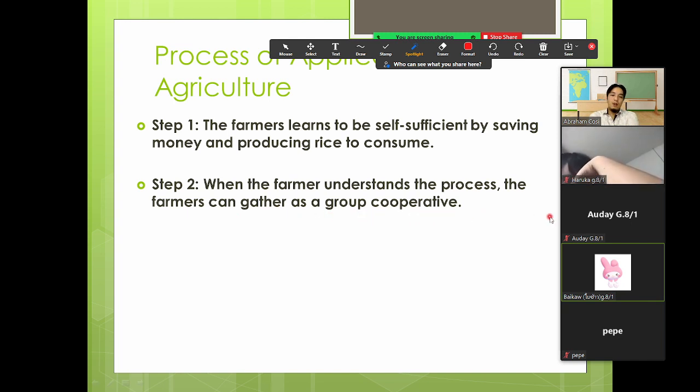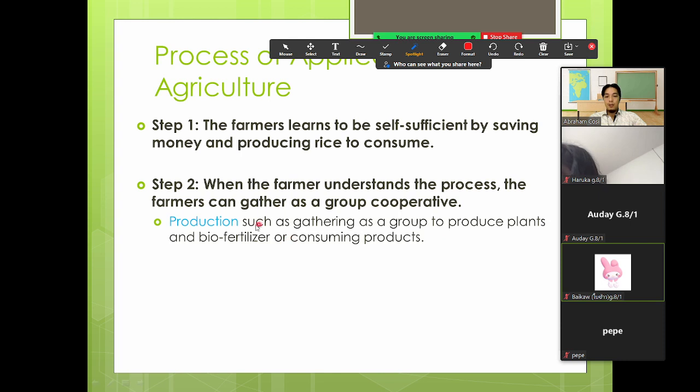When they understand the process of the production of rice, they can gather as a group cooperative wherein they have their own ideas and help each other. That is what a cooperative is. So they can be more coordinated, and they can help each other.